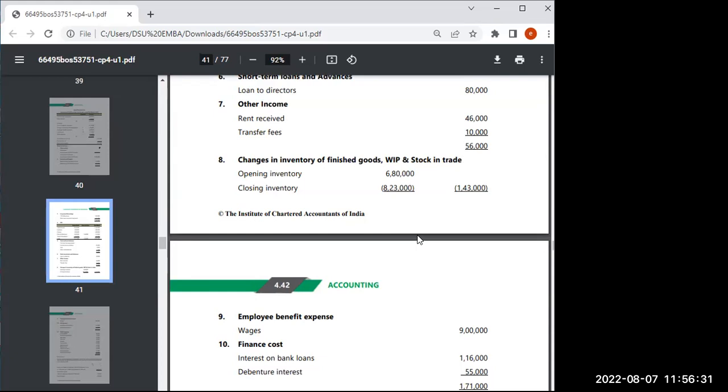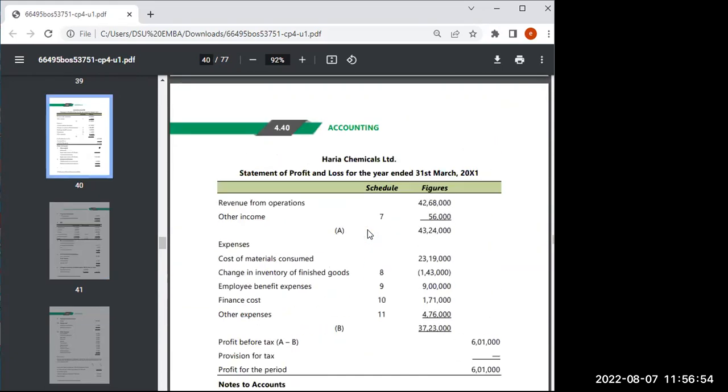Now opening is given in the question, 6,80,000, closing is 8,23,000. So 6,80,000 minus 8,23,000 is equal to minus 1,43,000. Write it in the P&L account: change in inventory is minus 1,43,000.